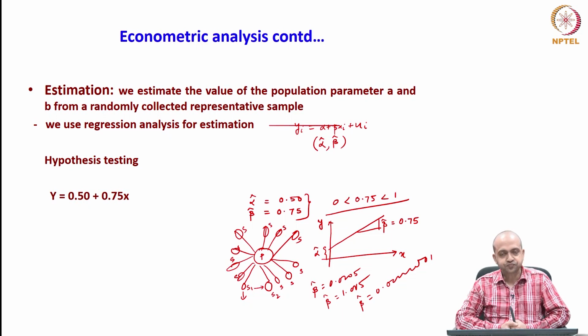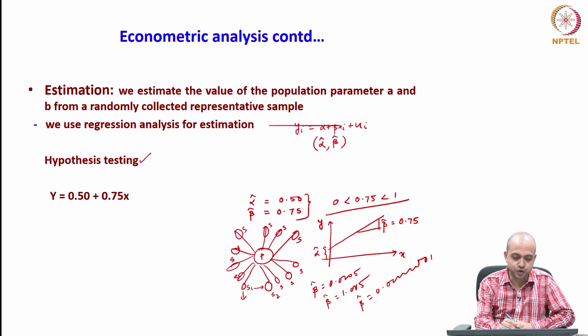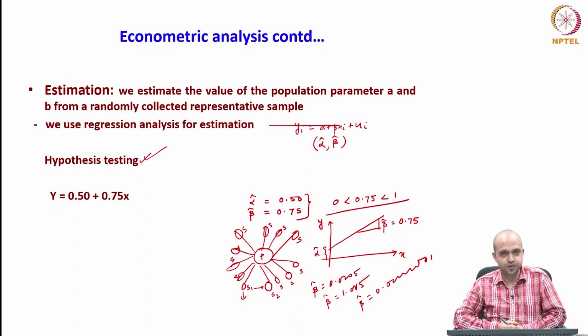That means even if you collect other samples, in all other samples it will come out to be significantly different from 0. And how will you ensure that? After estimation you need to go for this step, which is called hypothesis testing. The next step is going to be hypothesis testing.